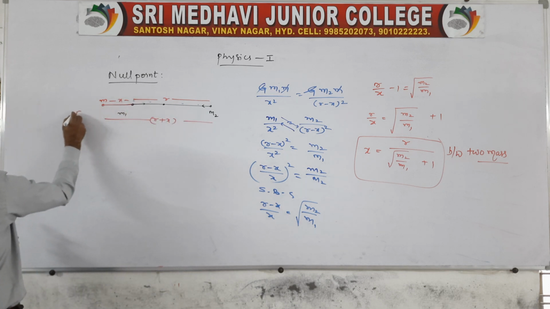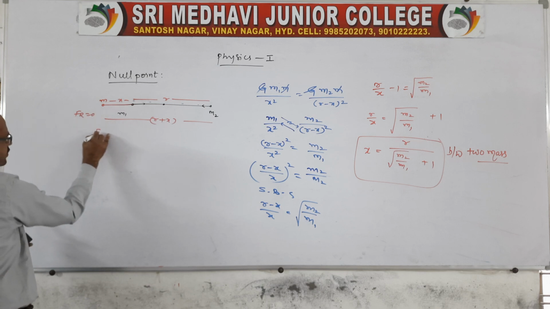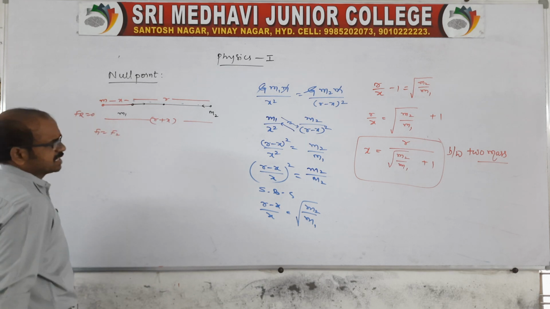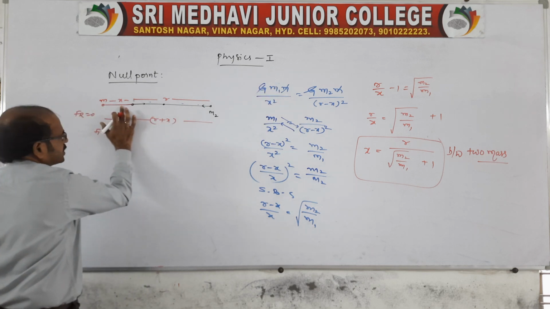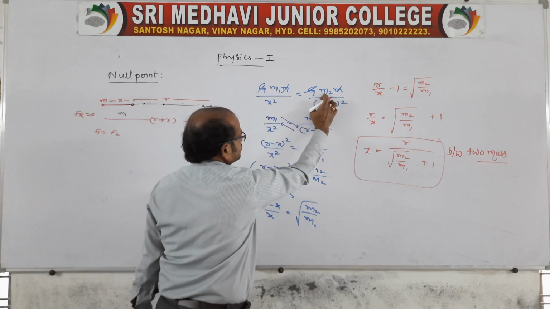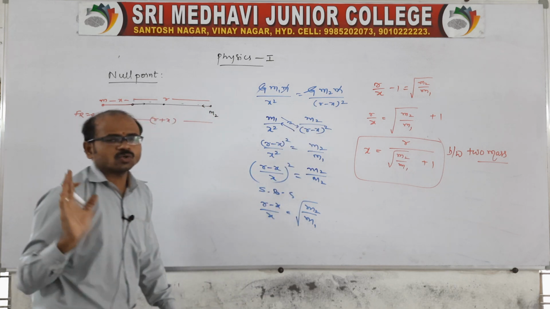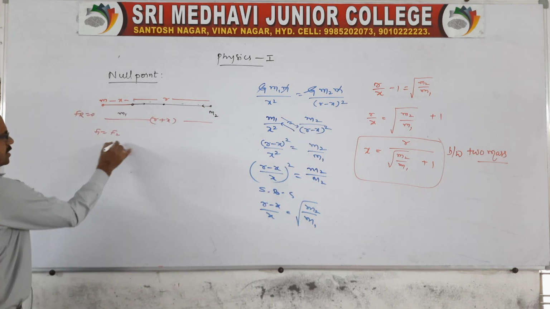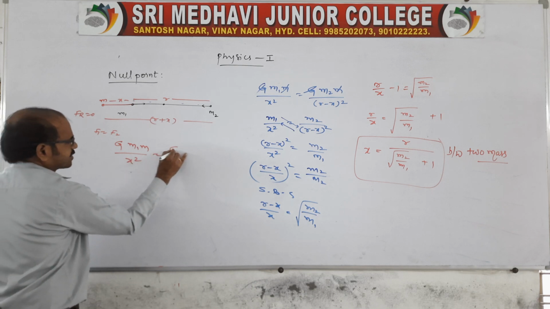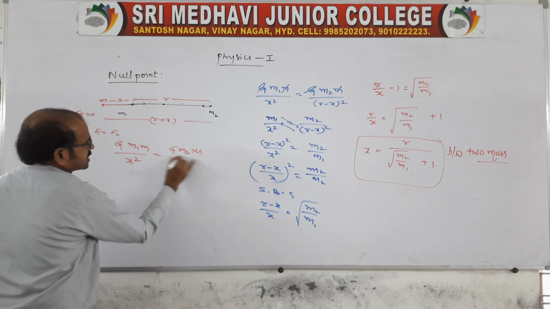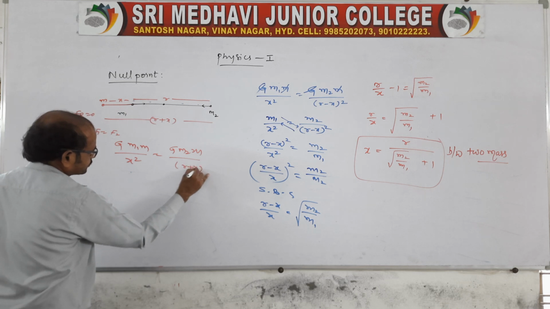At this point the resultant is 0, that is we can say F1 is equal to F2 again. Everything is the same. Here G m1 m by x square, and here G m2 m by r plus x whole square. This is again there in the second year also, related to null points. Actually the second year is very important.